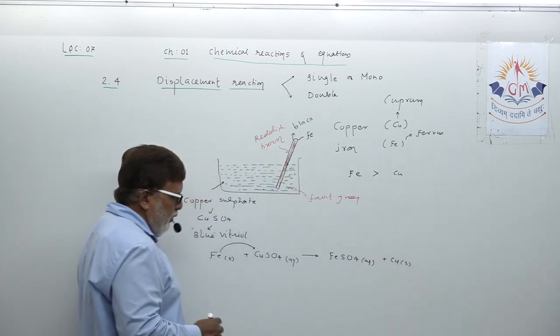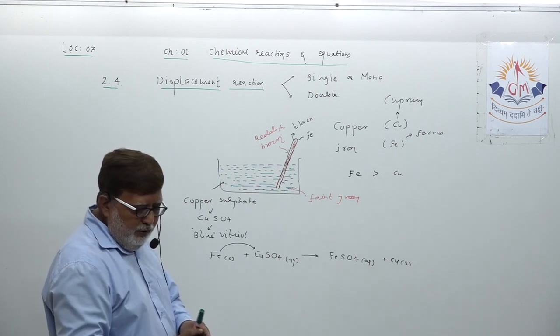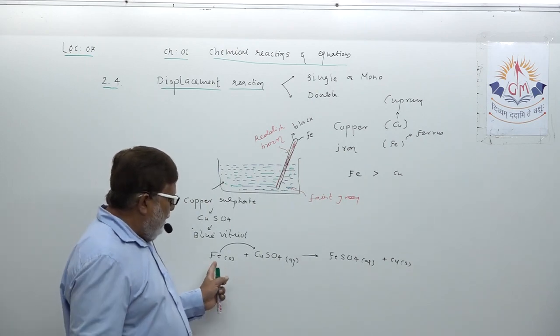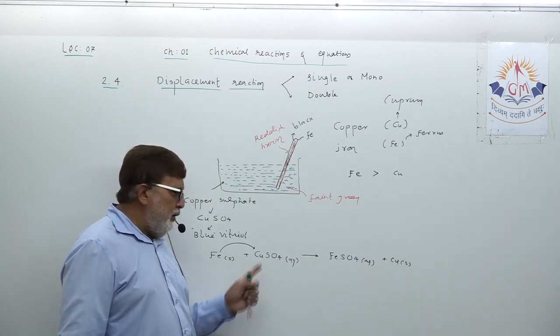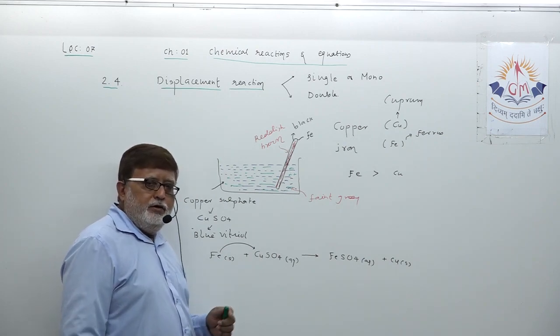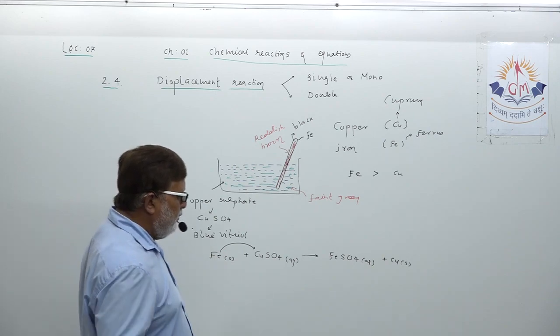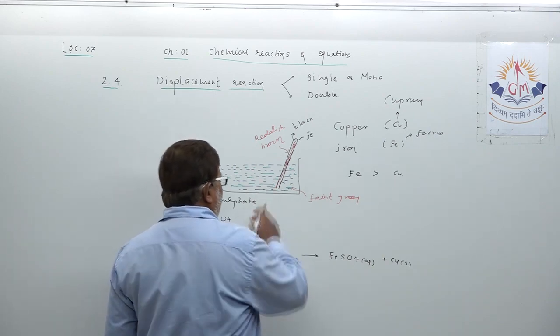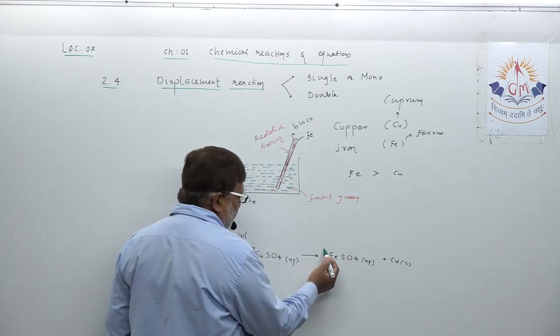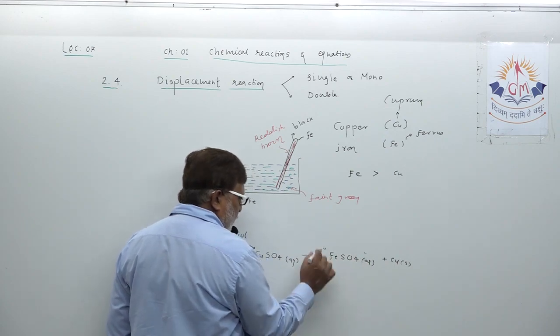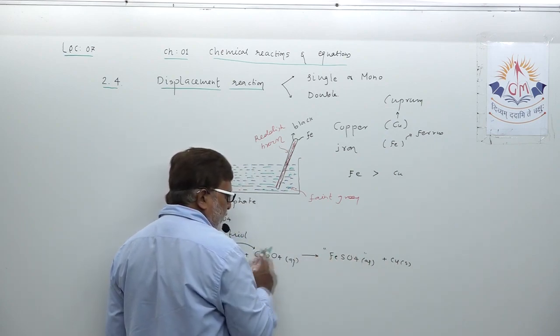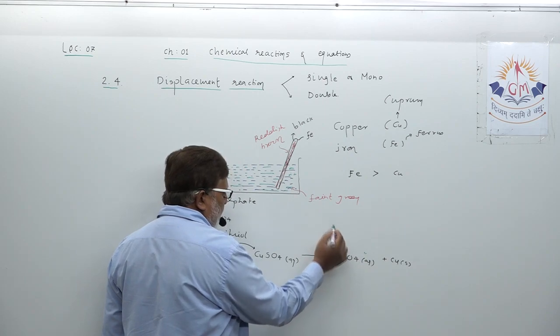Now what happens, dear student? Initially the iron rod was black in color and copper sulfate was blue in color, but because the chemical reaction has taken place and a new compound, iron sulfate, is formed from copper sulfate by this displacement, it is green in color.